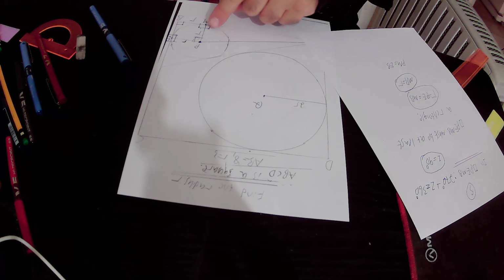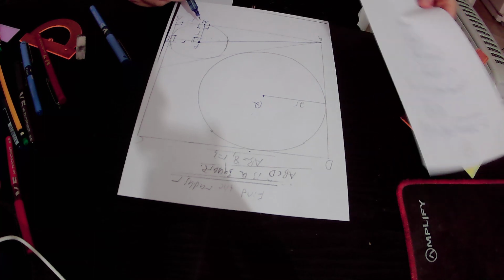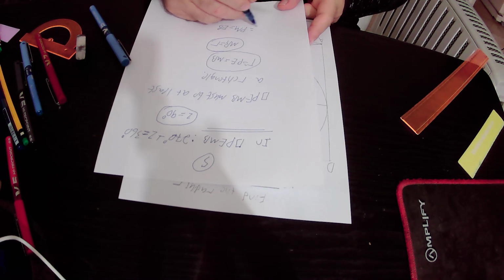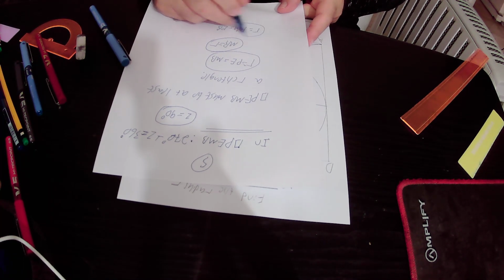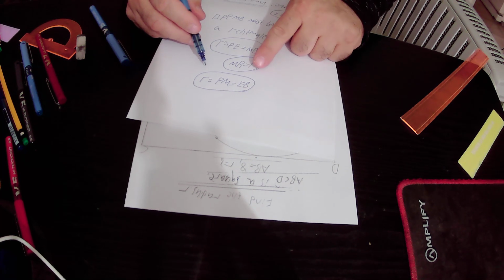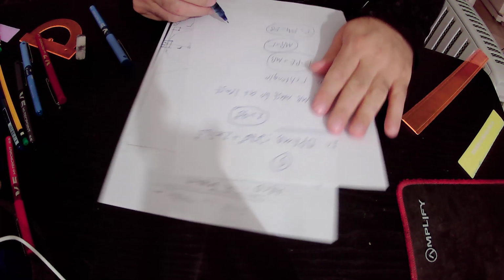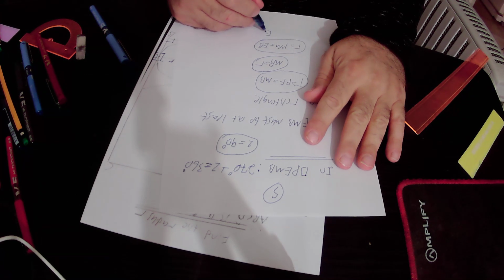But we know that PM equals R. PM is the radius of this small circle. So from this equality we will conclude that BE also equals R, or EB equals R.